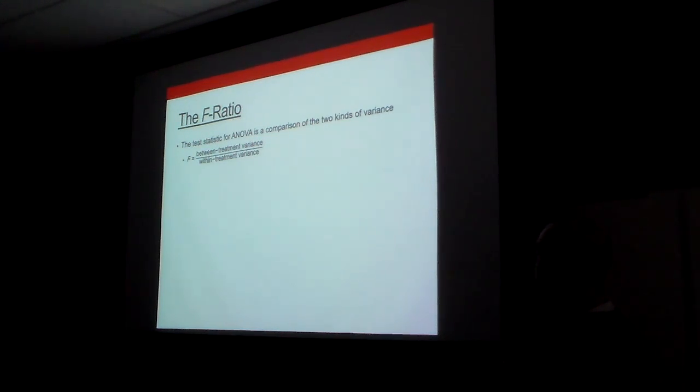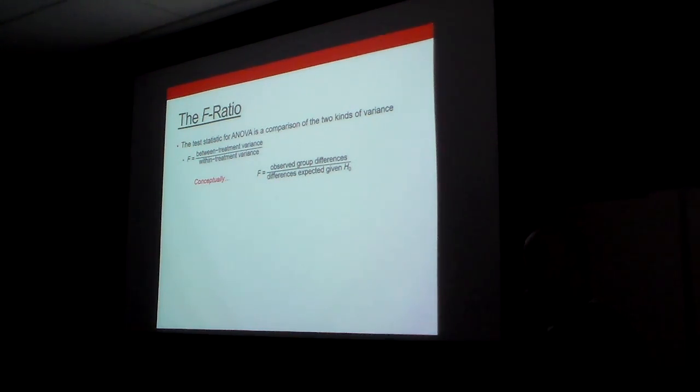The test statistic for ANOVA is looking at the ratio of these two types of variances. I've got between treatment variance in the numerator and within treatment variance in the denominator. Conceptually, in my numerator, I'm asking what are the differences that I see across groups?